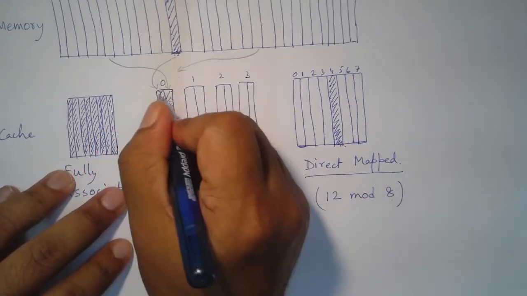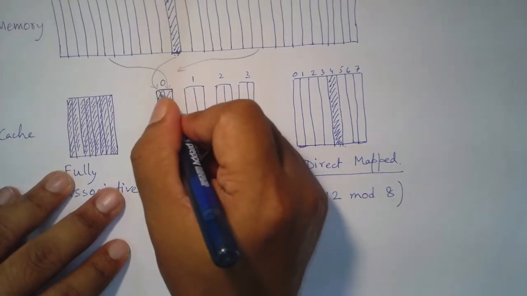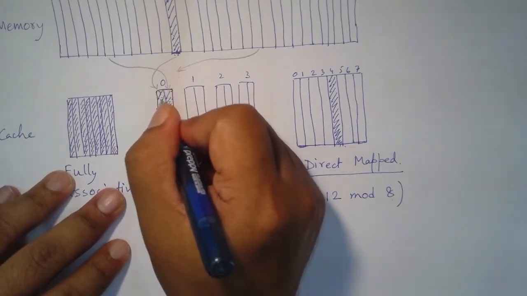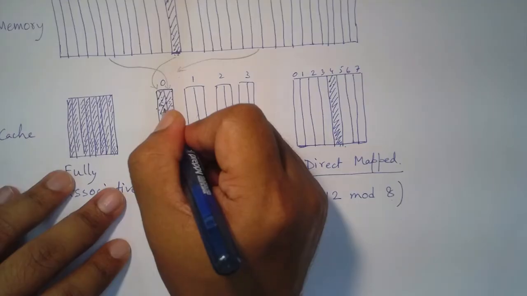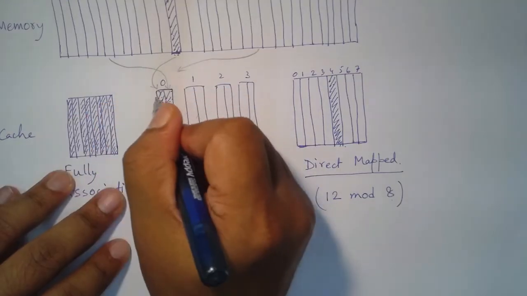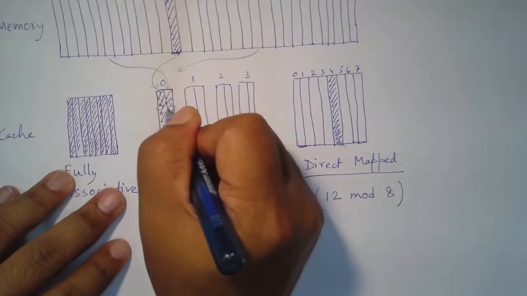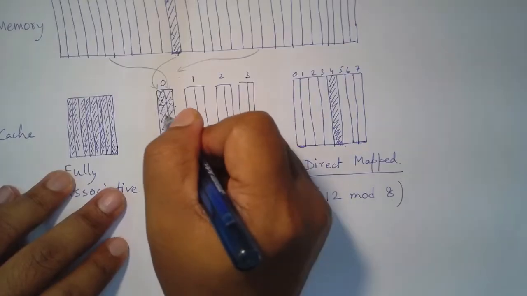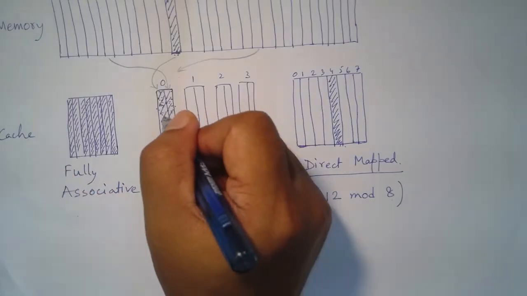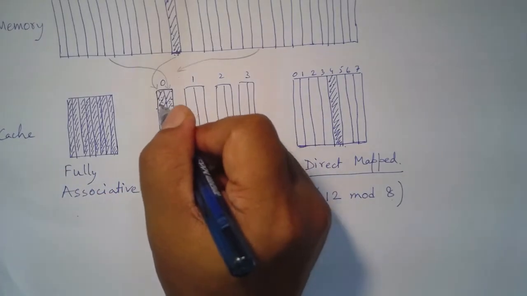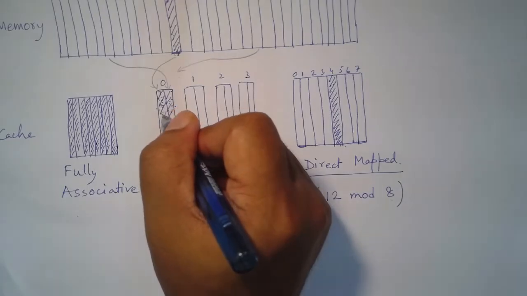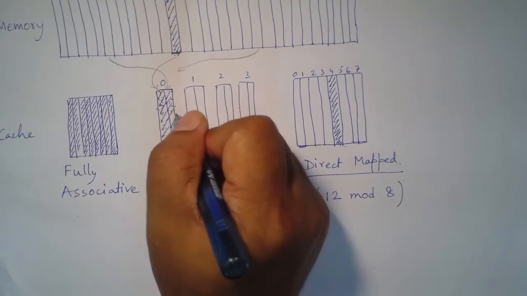I will see that, according to first in first out, block number 12 should be evicted now, but among these two blocks, which one is not most recently used? Now if block number 12 is the one which is most recently used, then though my first in first out strategy says that block number 12 should be evicted, I will not evict it, I will rather evict block number 4.